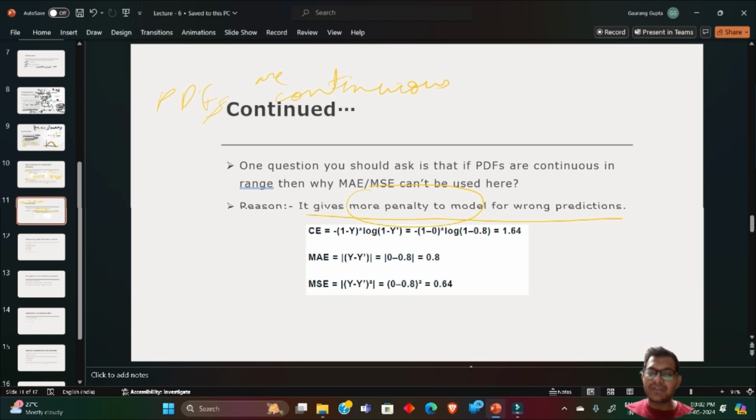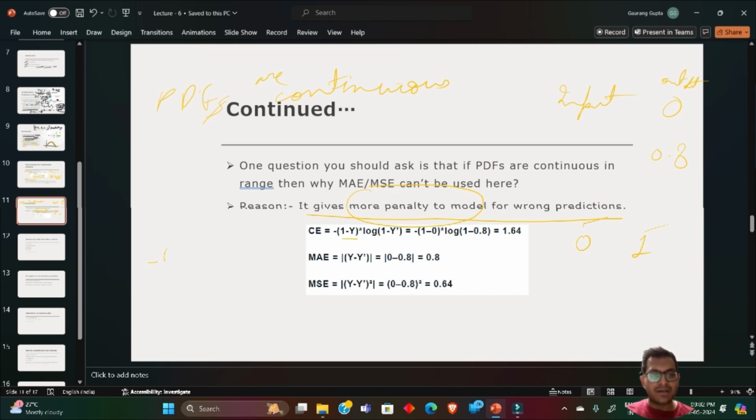For example, let's take an example of binary cross entropy. Either the output will be 0 or 1. Let's suppose for a certain input, the output should be 0. But the model predicted the output as 0.8. So what will happen is that we will see this.